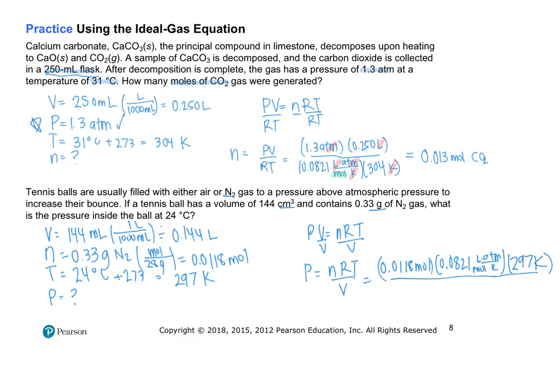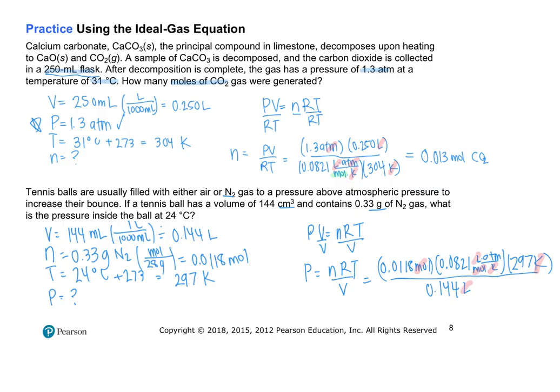And then we'll divide by our volume, 0.144 liters. So let's check out how our units cancel. We have moles canceling out moles, Kelvin canceling out Kelvin, liters canceling out liters.